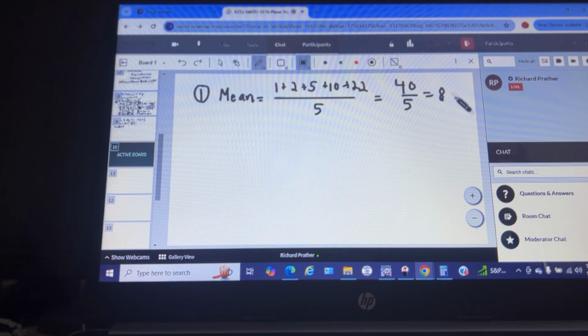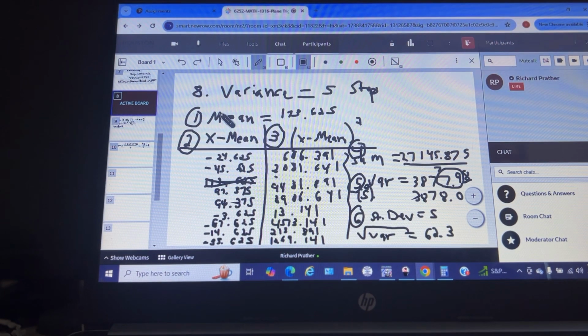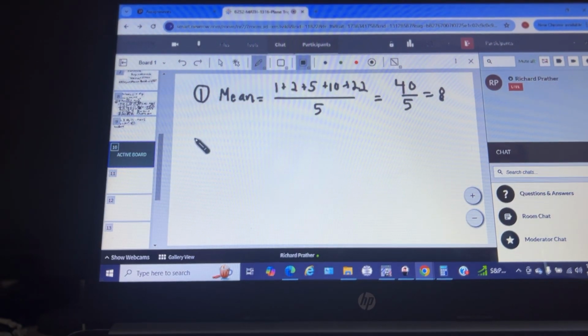See, this isn't that bad of a process if the mean comes out well. The one I was doing at the end of the last video, the mean was 173.625, and I was actually rounding it off too. So that made all this really messy because of that. But if you get a nice answer like that, 8, then here step 2 becomes a lot easier.